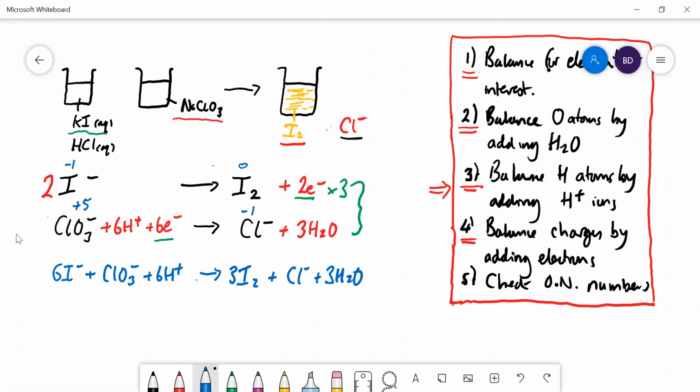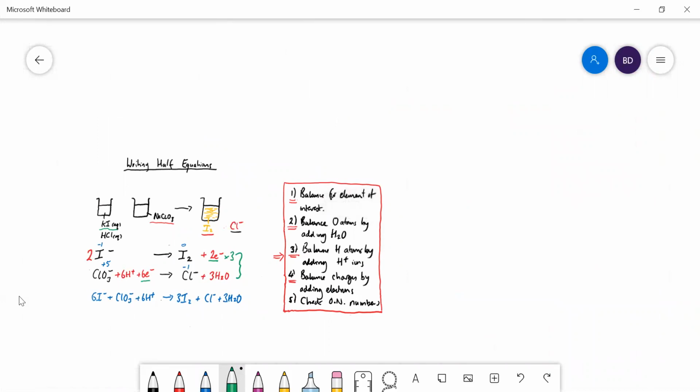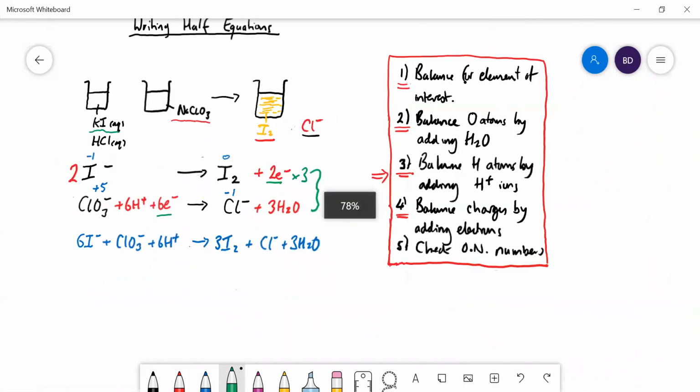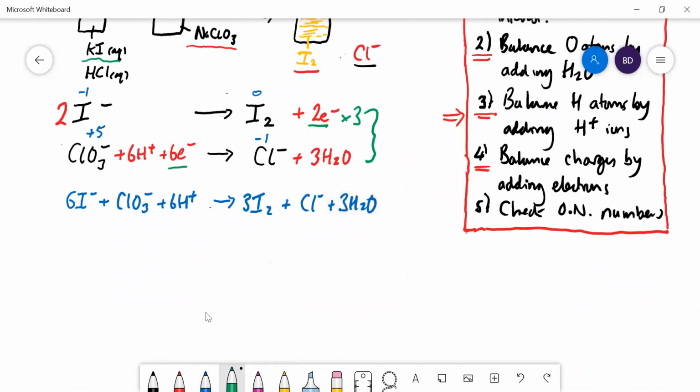ionic equation. And then if you don't like ionic equations and you're a bit suspicious of them still, well, let's just check. Let's look at the spectator ions. The spectator ions for this are going to be 6K+, 1Na+, and the H+ come from hydrochloric acid, so it's 6Cl-. So you can see on the other side of the equation, these are going to form potassium chloride.